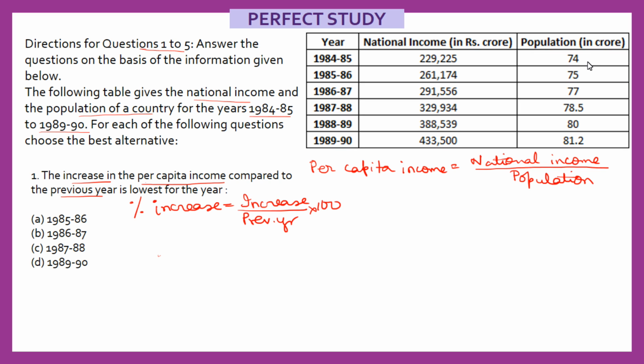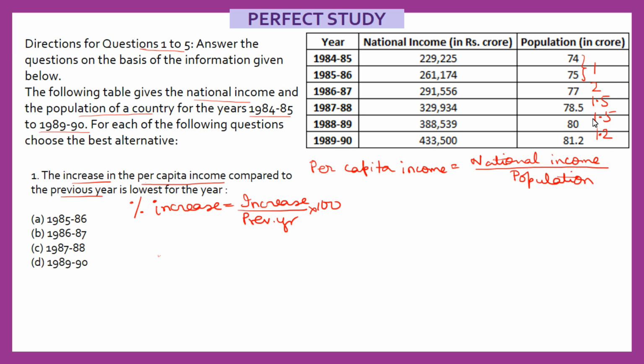If you notice here, the difference between the population of these 2 years is what? 1. Similarly, here the difference is 2. Here the difference is 1.5. Here again 1.5, and here it is 1.2. So if we see carefully, the population increase is quite steady.